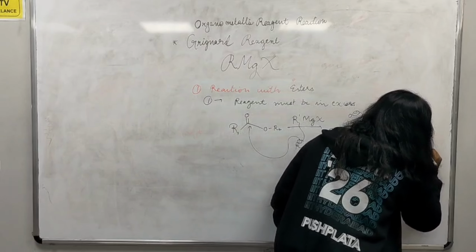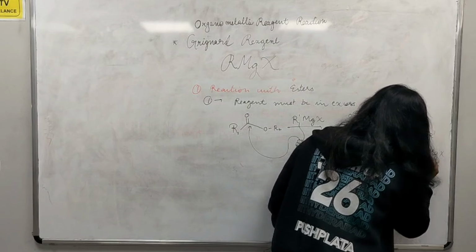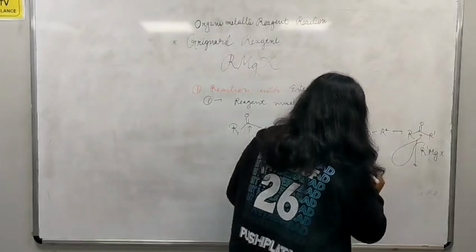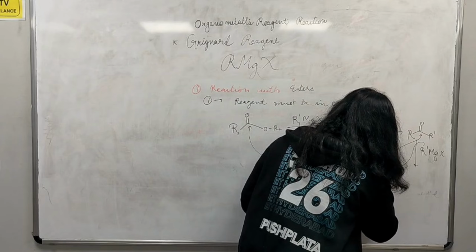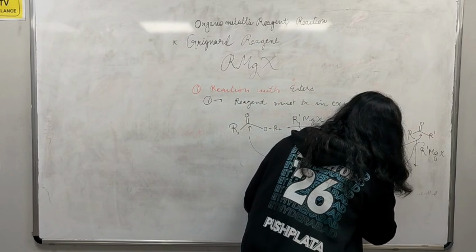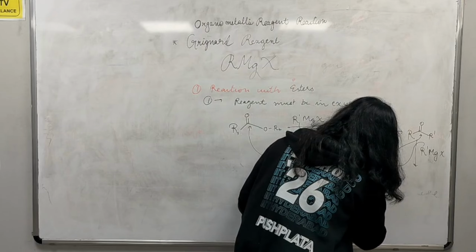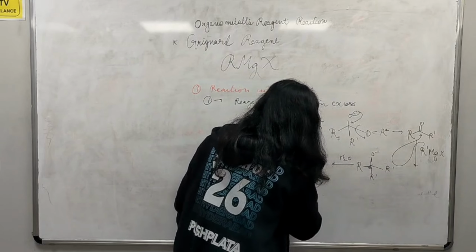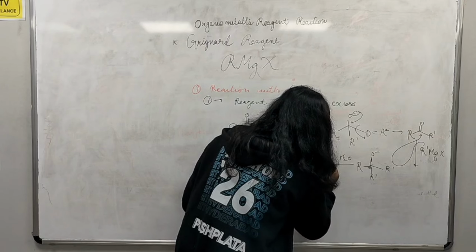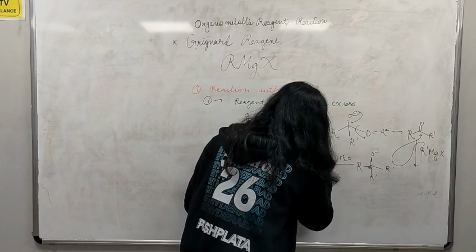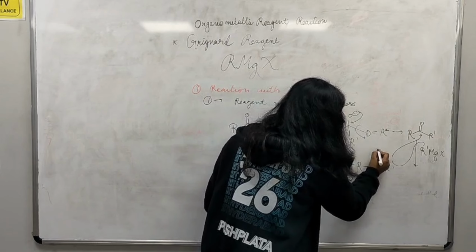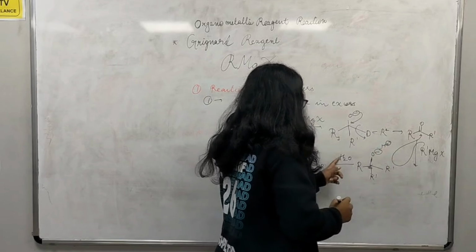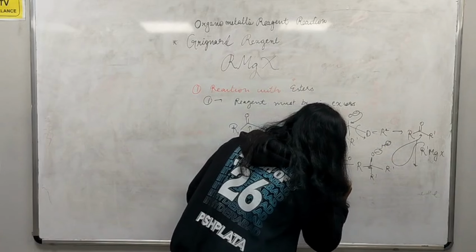Now again it reacts with RMgX. This R group from the reagent attacks the carbonyl center and further reacts with water, giving a 3-degree alcohol.